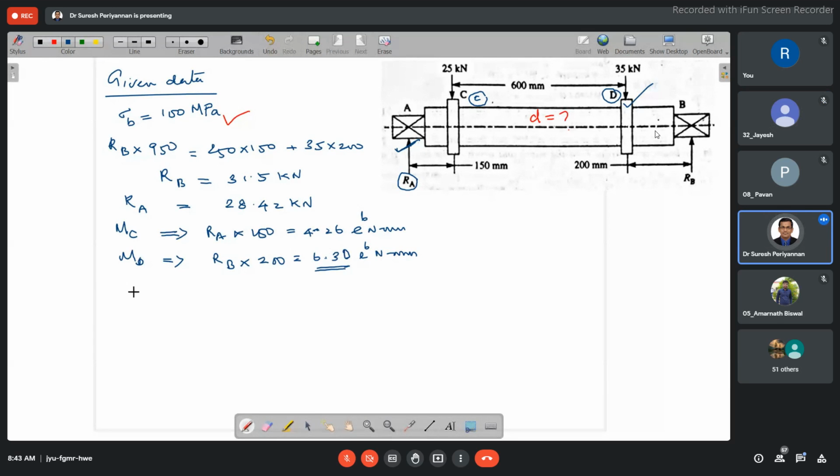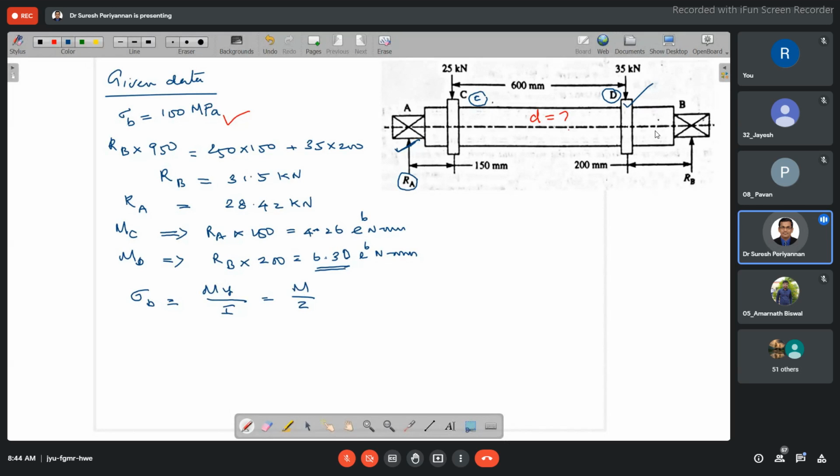We know bending stress is M by Z, that is, sigma b equals M y by I, which we can write as M by Z. What is Z here?